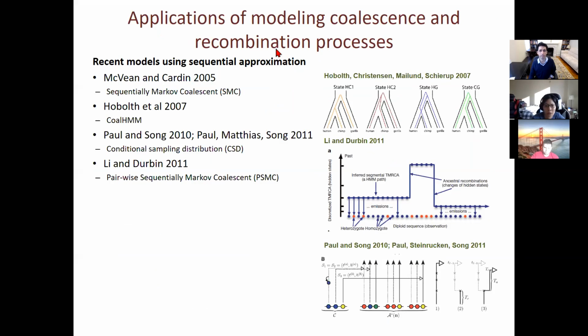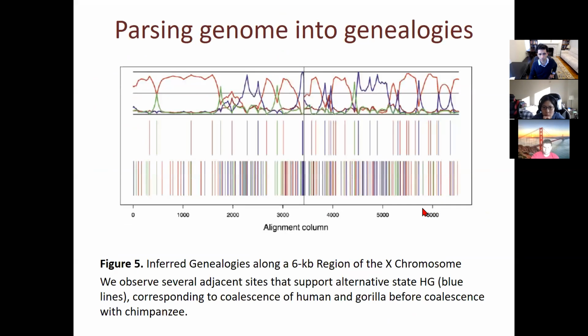Okay, so we can now model coalescence and recombination processes. We can basically use the sequential approximation of this sequentially Markov coalescent or copying HMM, or this conditional sampling distribution and pairwise sequentially Markovian coalescent models that are basically asking, as I move from left to right, what are the most likely interpretations for the topology at any one of the states?